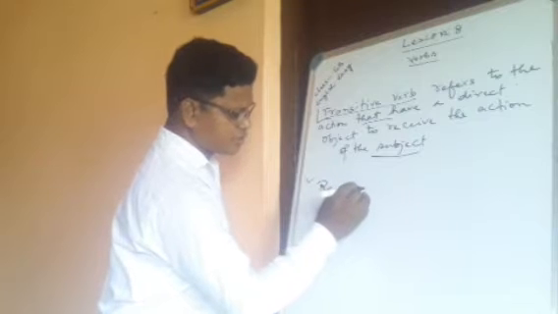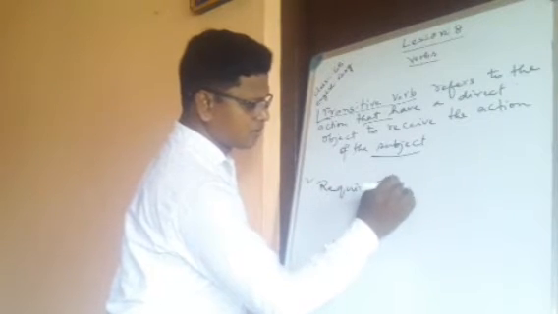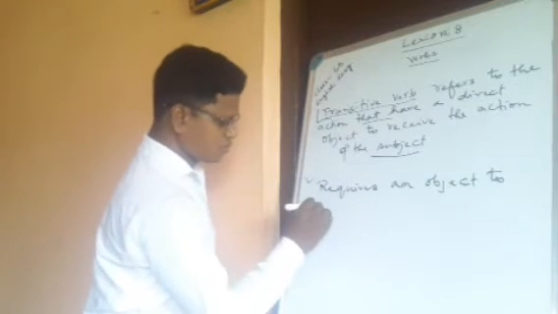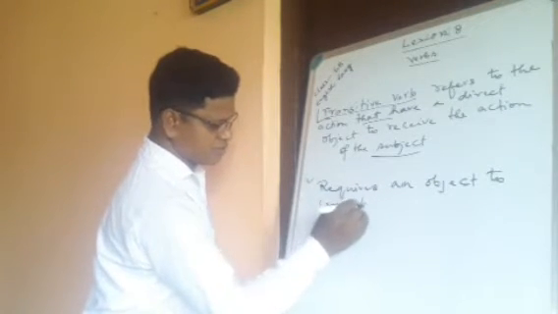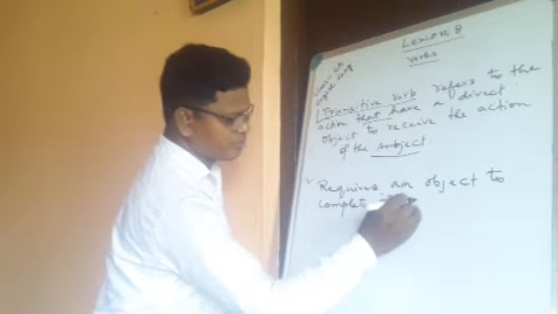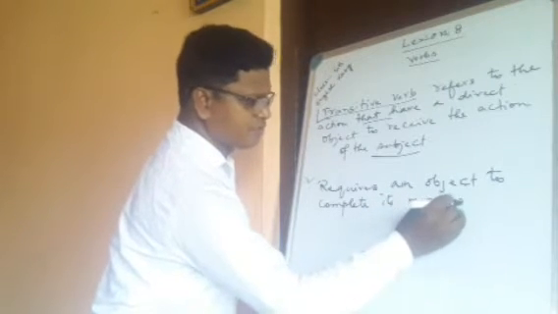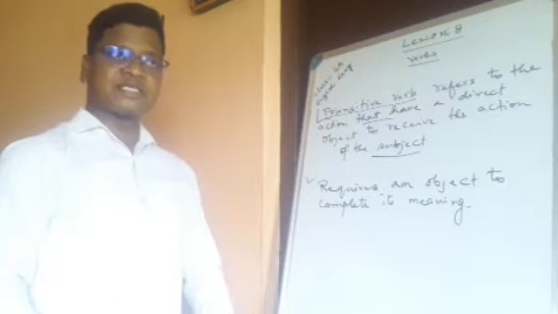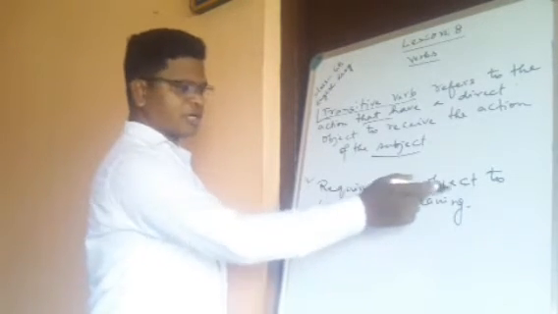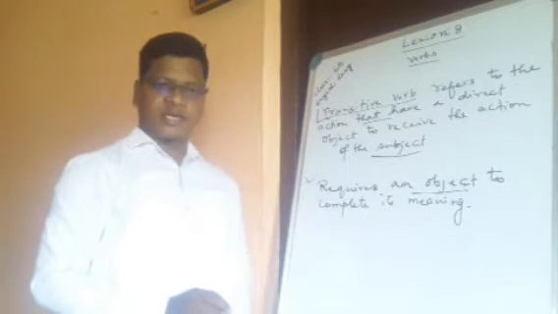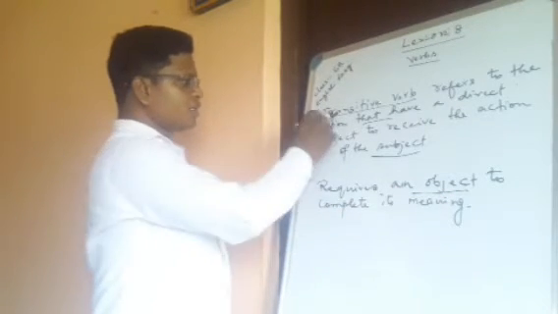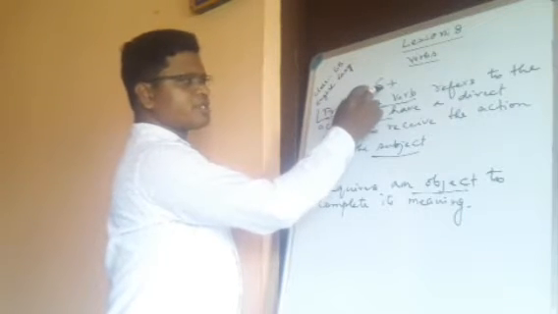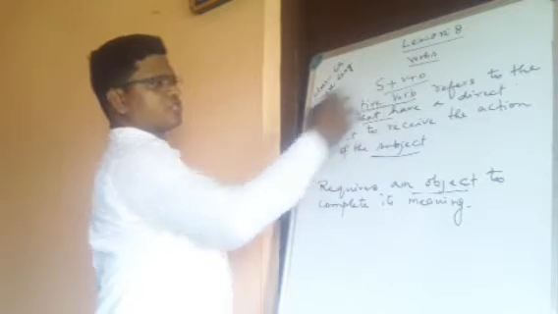It requires an object to complete its meaning. So what have I written? It requires an object to complete its meaning. Without an object, the sentence is incomplete. So remember, in a transitive verb, what do we need? We need subject, verb and object.